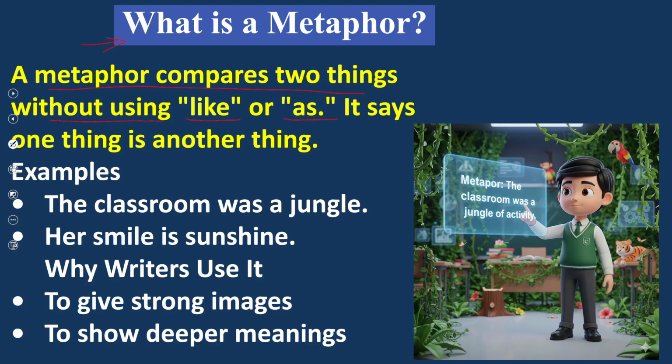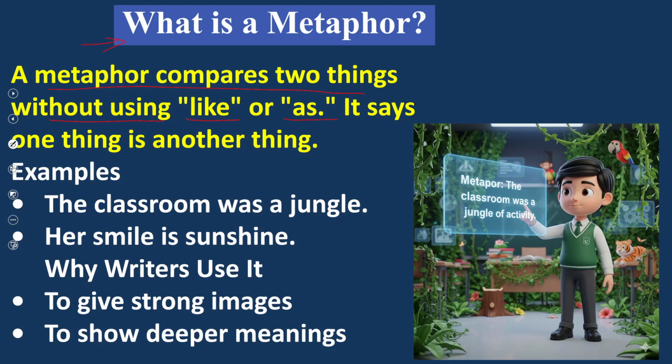Now, after reading this basic definition, we are very clear that there is a slight difference between simile and metaphor. If you put the words like or as in the statement for comparison of two things, it will become simile. And if you remove the words like or as from that particular statement, then it will become metaphor. Yes, this is the slight difference.